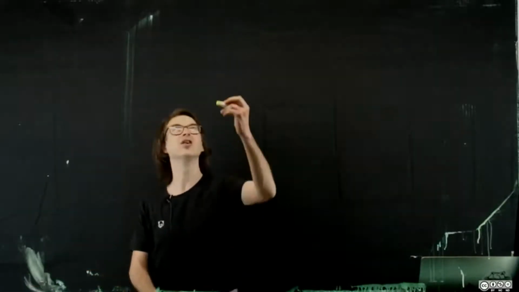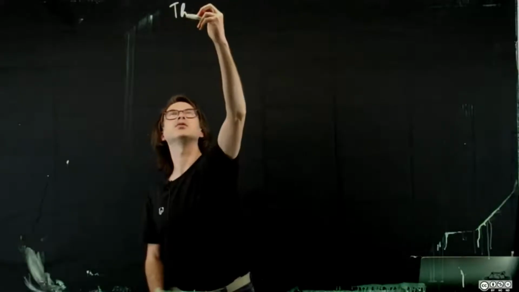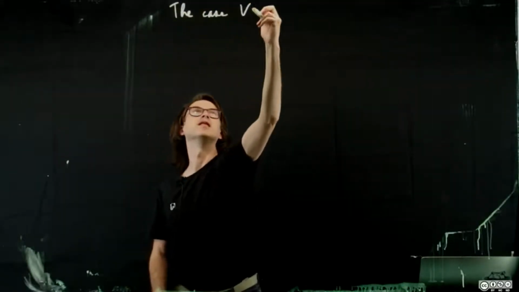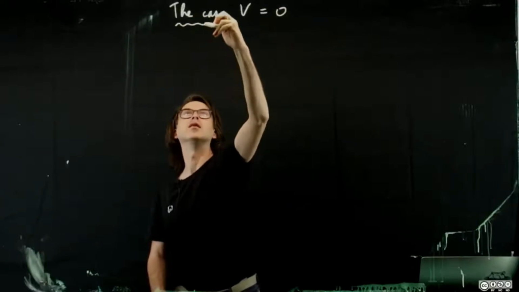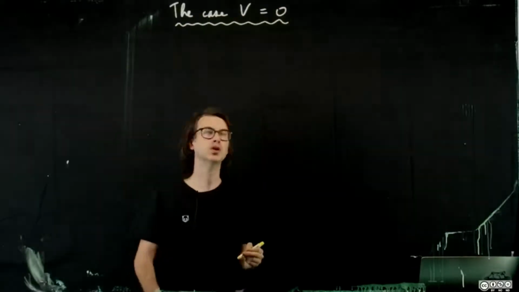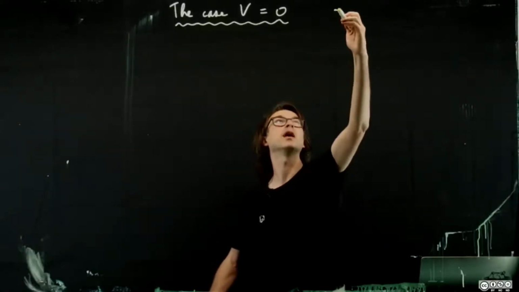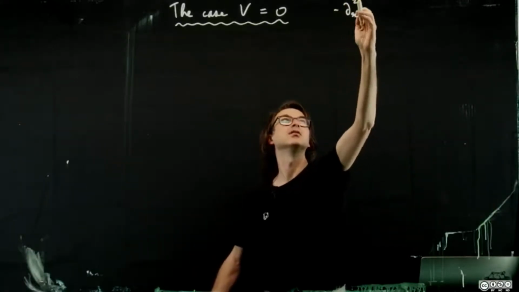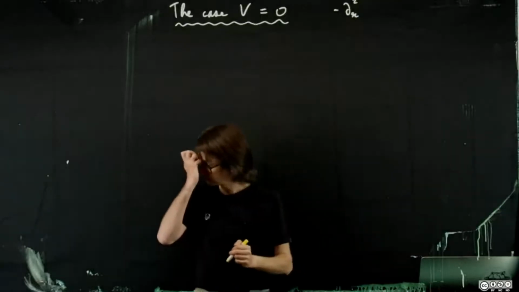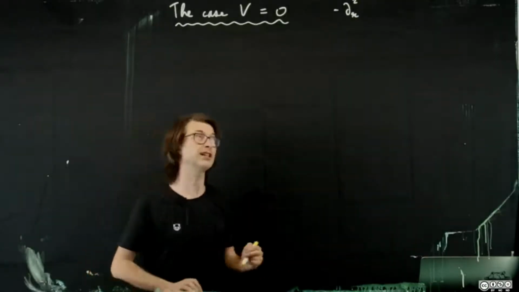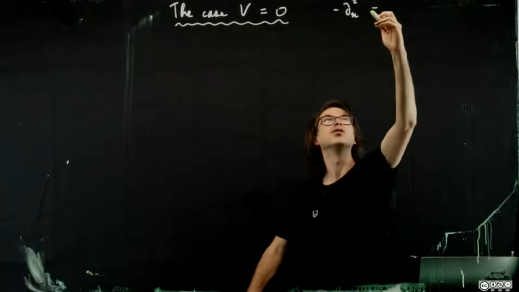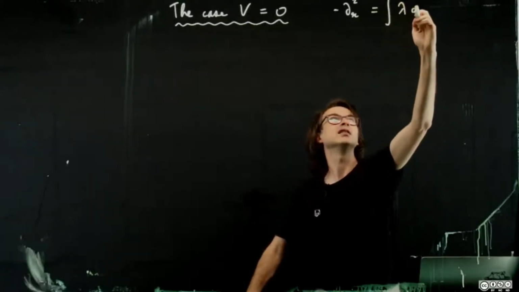Okay, so the case V equals 0. In this case, we're looking at the operator minus dx squared, and what we are going to do is write this as the integral of lambda dE lambda.